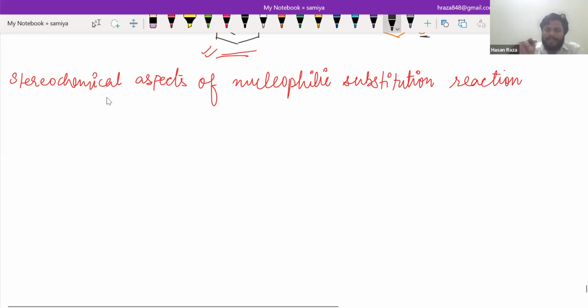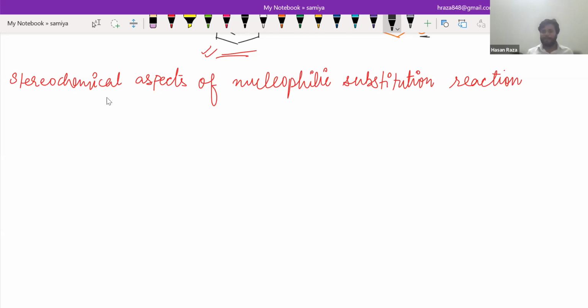You can see here, basically there are some terms like optical activity, chirality, retention, inversion, and racemization. These stereochemical aspects are basically related to stereochemistry. This is stereochemistry.